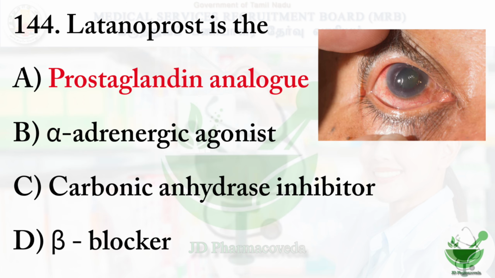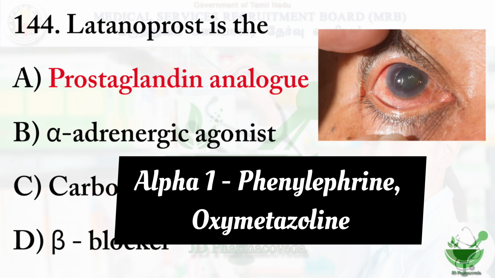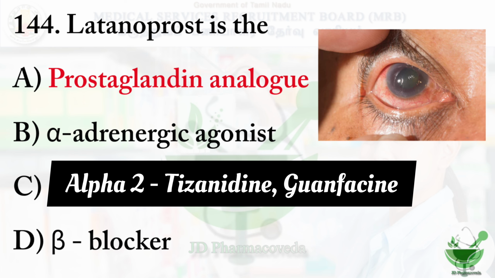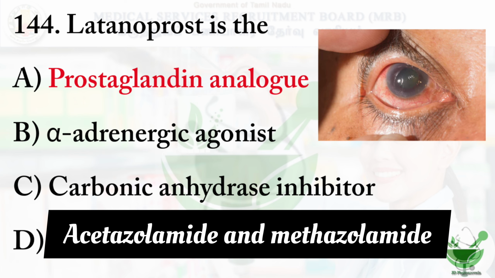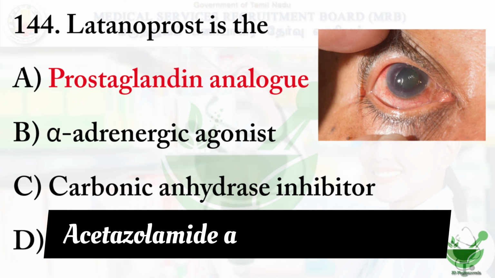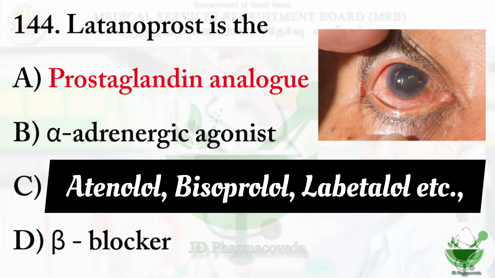Then alpha adrenergic agonist drugs: alpha 1 agonists like phenylephrine, oxymetazoline; alpha 2 agonists like tizanidine, guanfacine. Then carbonic anhydrase inhibitors like acetazolamide and methazolamide. Then beta blockers like atenolol, bisoprolol, labetalol, etc.